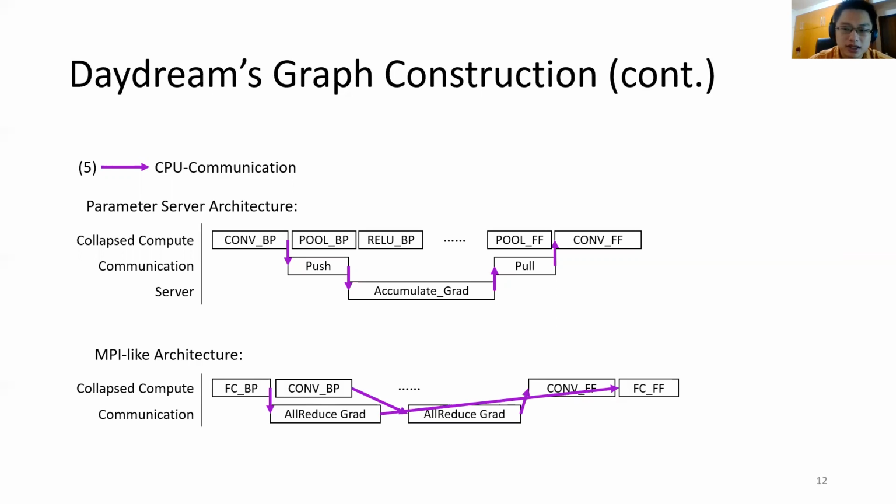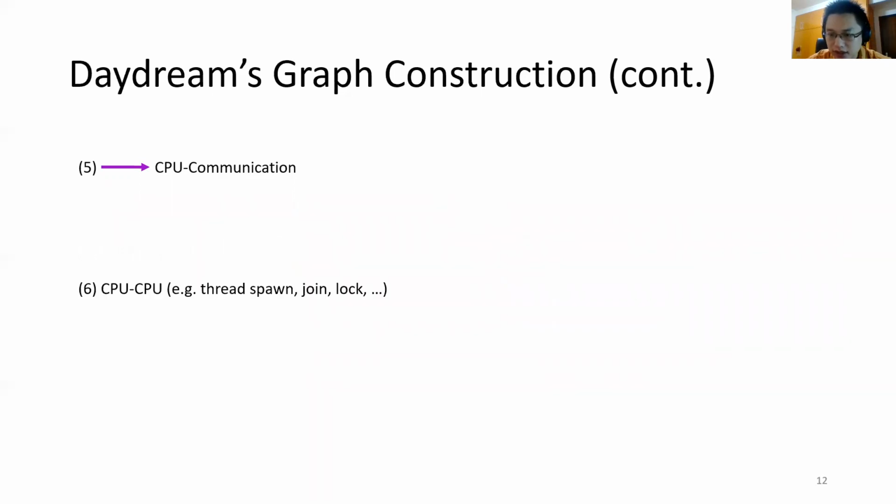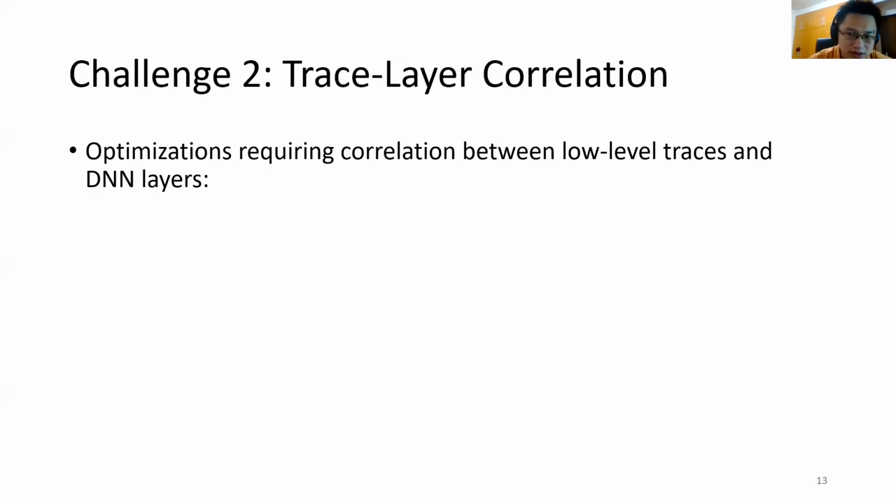And if it is a decentralized architecture, we need to add all-reduce operations. And finally, for completeness, we have CPU to CPU dependencies representing thread spawn, join, locks, etc. Once we properly construct all 6 types of dependencies, Daydream is able to accurately replay and estimate the runtime.